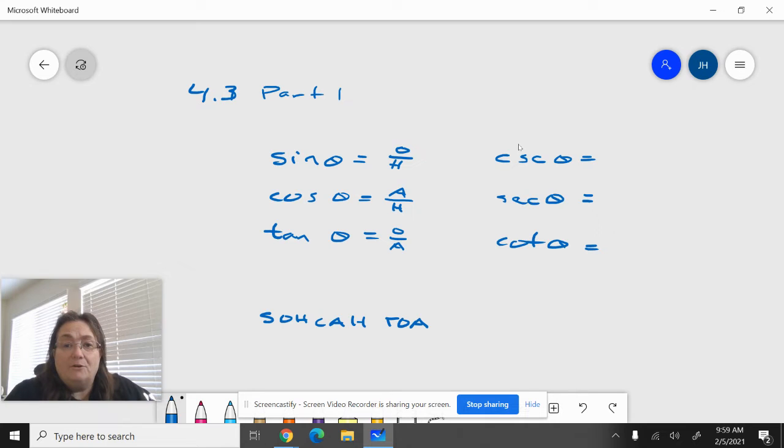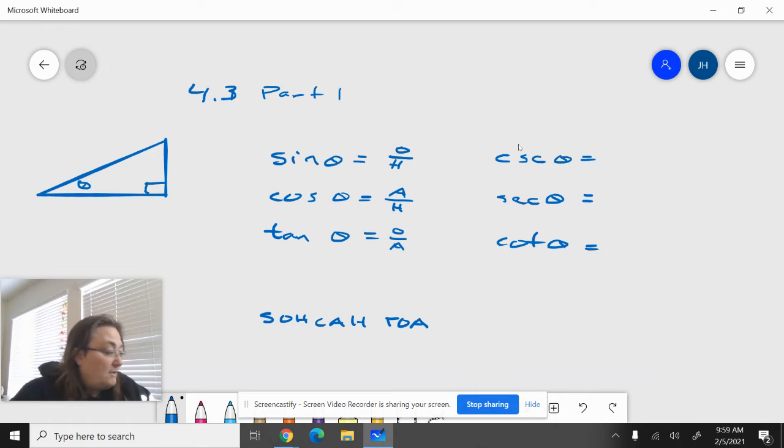And what that really refers to is when we have, say, a right triangle. If we have an angle theta, and say we'll call this 2, this 3, this 4. I'm just making things up for this.